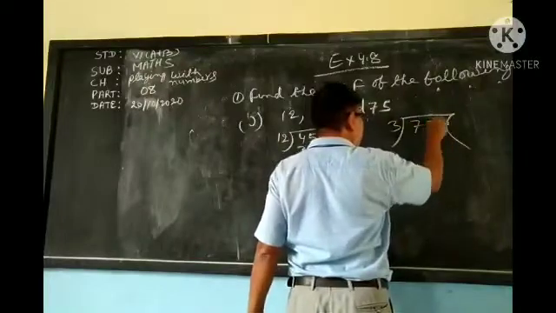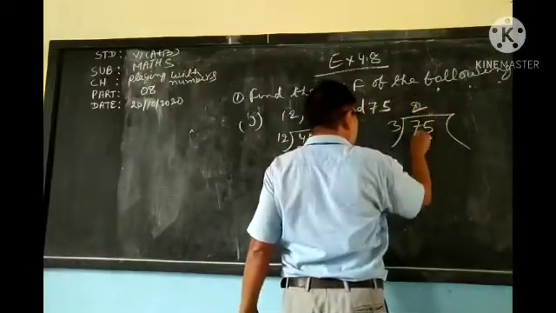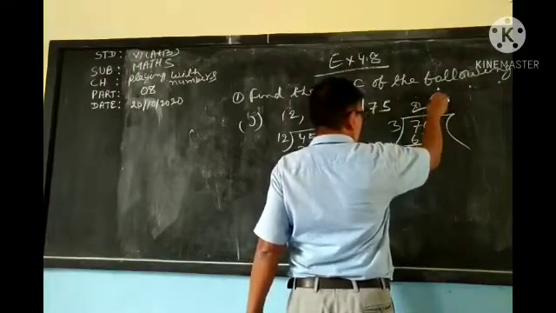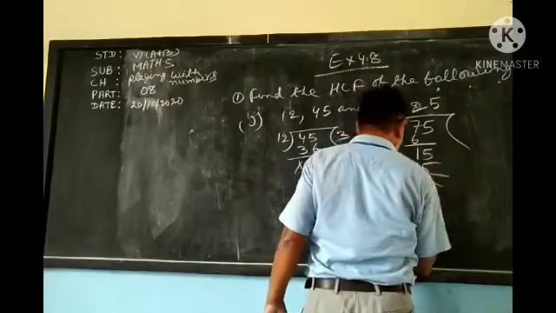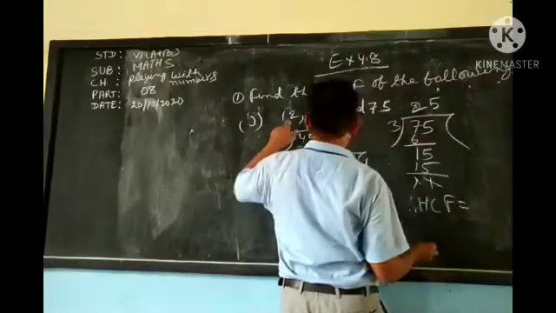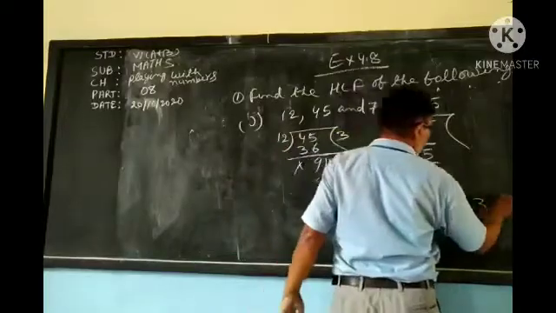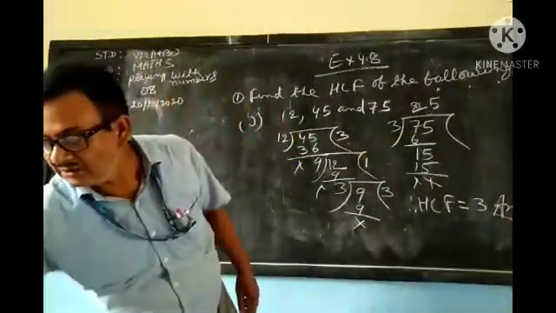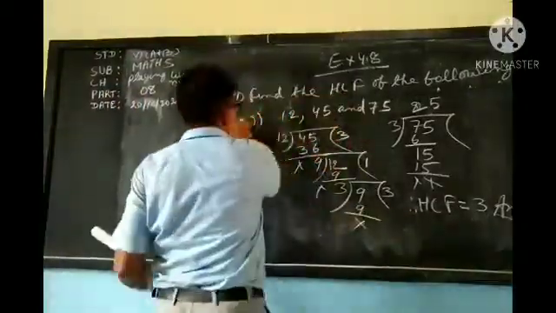The next number is 75. 3 into 2 is 6, 1 and 5, 5 into 3 is 15. What is your HCF? Therefore HCF is equal to 3. 3 is your answer for J. I have done.